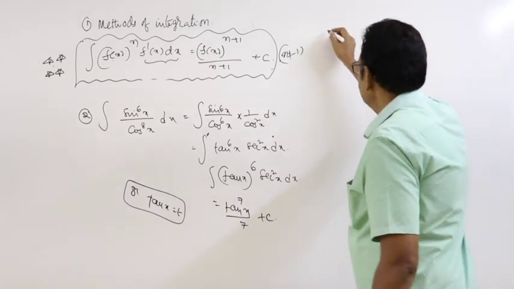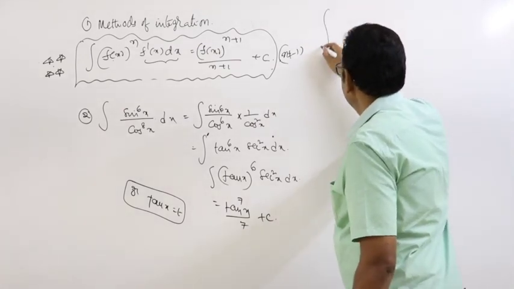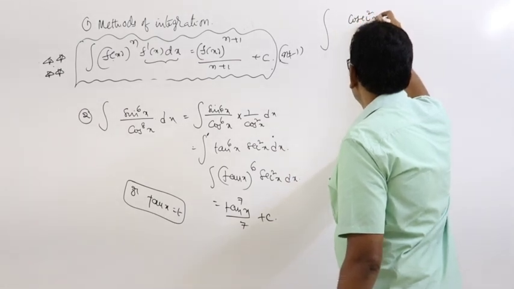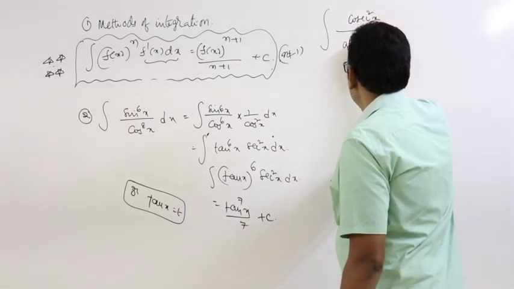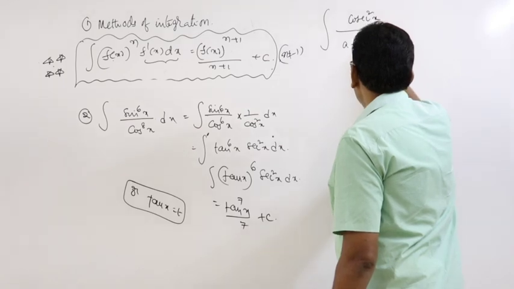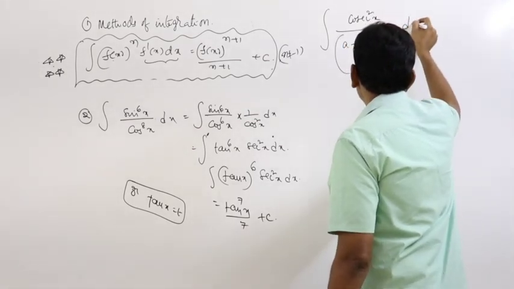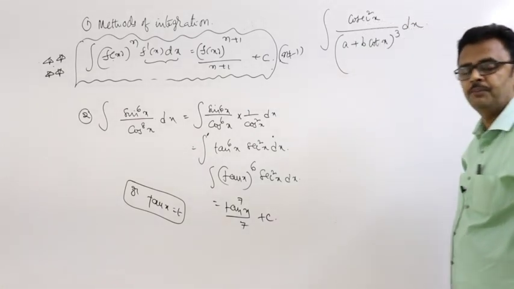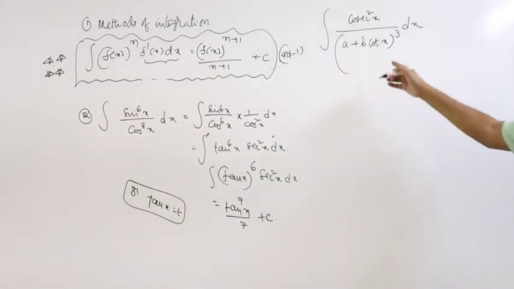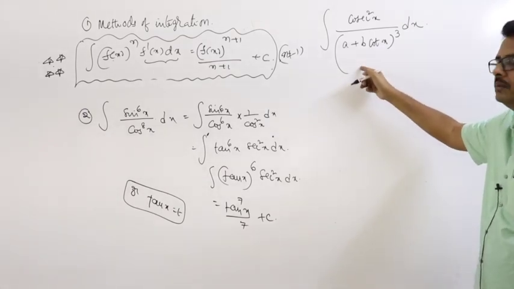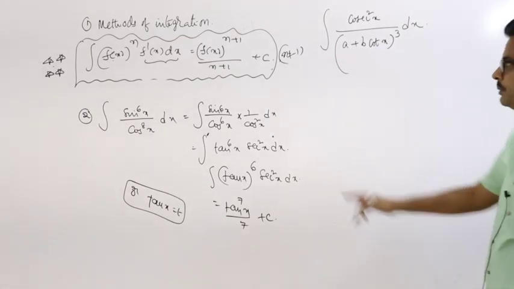In the last class, we discussed one problem: integral of cosecant square x by a plus b cot x whole cube. I discussed this problem in the previous class. Now, without substitution, how to integrate this one, by using this formula.